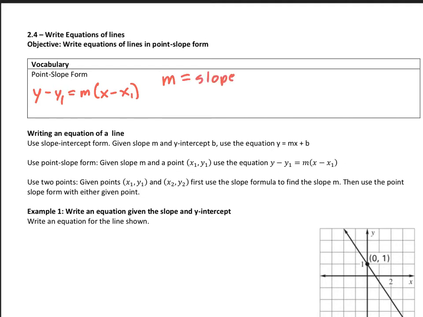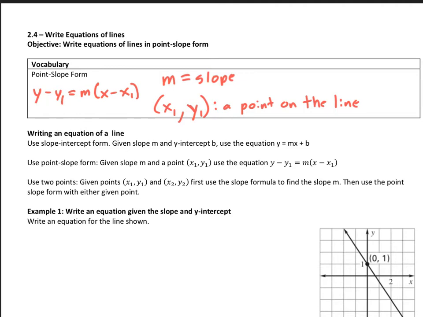And then you look at x1 and y1. What do x1 and y1 represent? They represent a point on the line. Those represent a point that lies on the line.